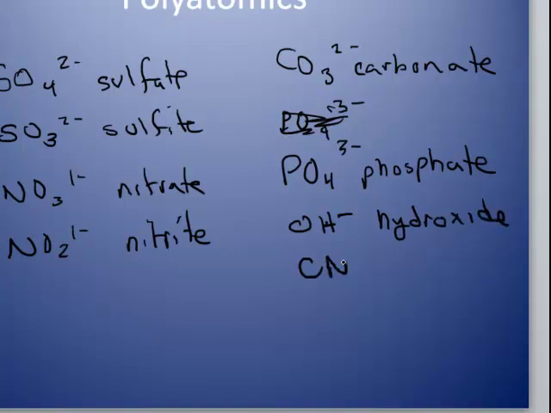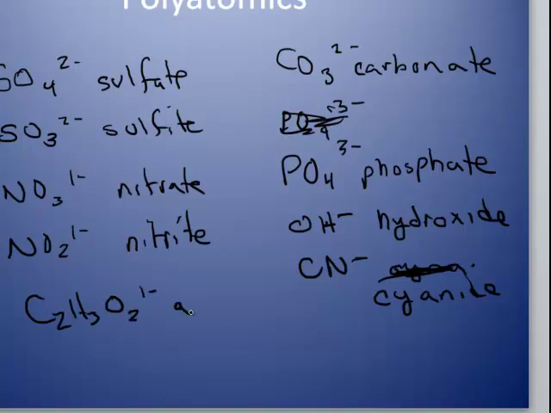We've got CN with a 1 minus charge. That's cyanide. Maybe I could spell it right. Cyanide. We've got C2H3O2 with a 1 minus charge. We call that one acetate.